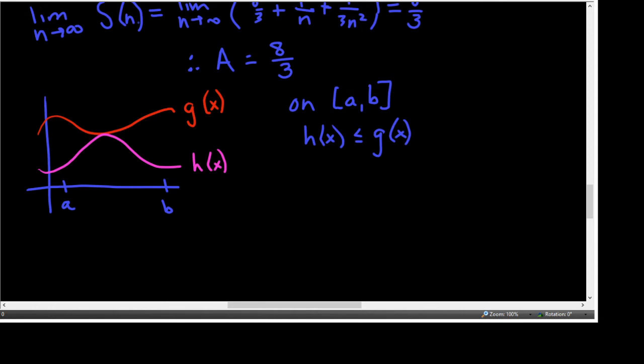Now, let's assume those two are easy to work with and it's easy to find what those limits are as x approaches some value c. So finding the limit as x approaches c for g of x and h of x is easy and doable, and the answers are the same.